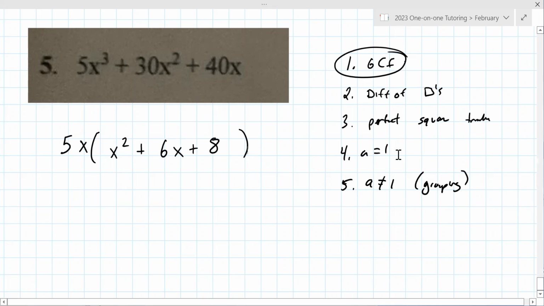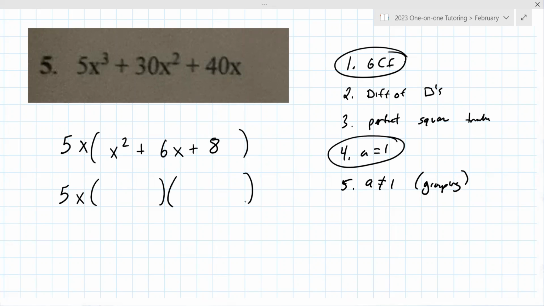This is an A equals 1 also. So you have to keep going. You can't stop until you're totally done.